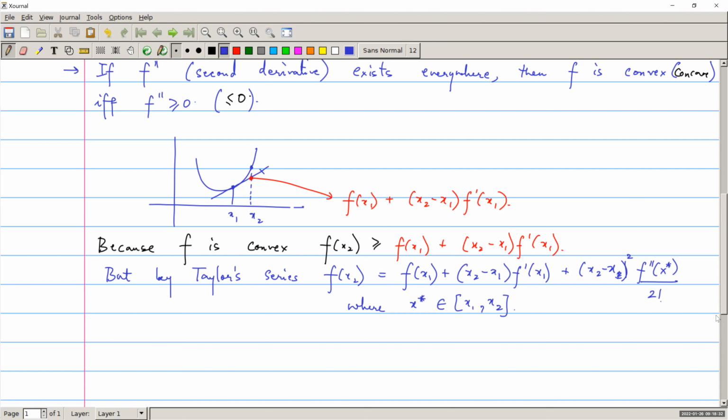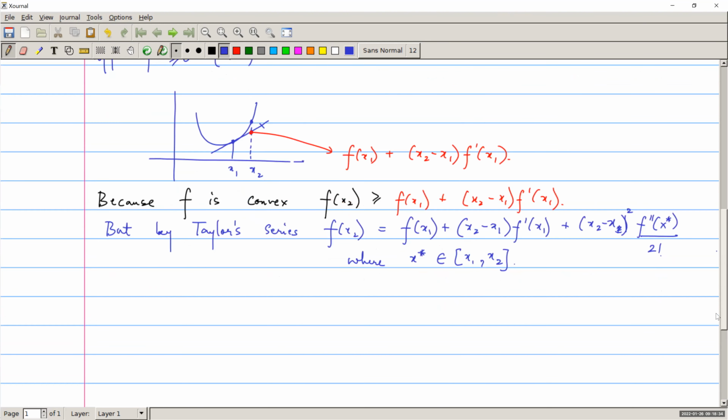So if you have e to the x, the first derivative is e to the x, and the second derivative is also e to the x. e to the x is always non-negative, and therefore e to the x is convex.